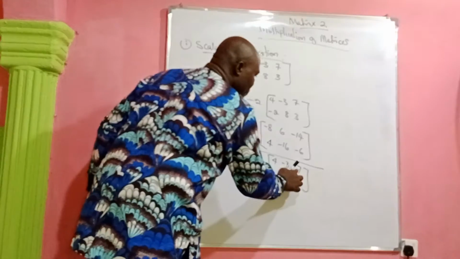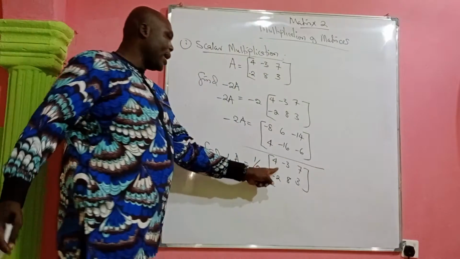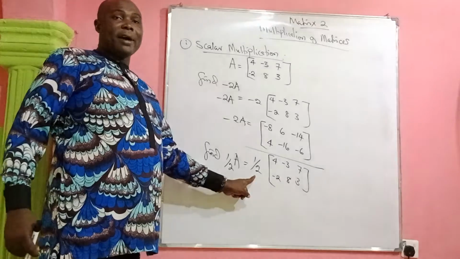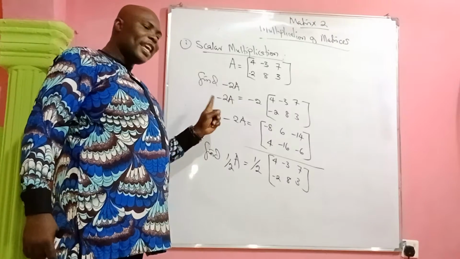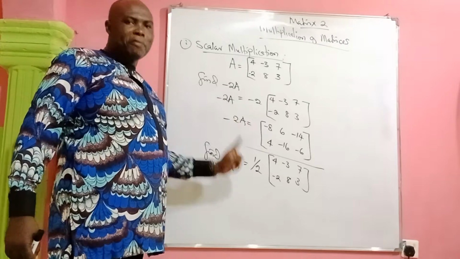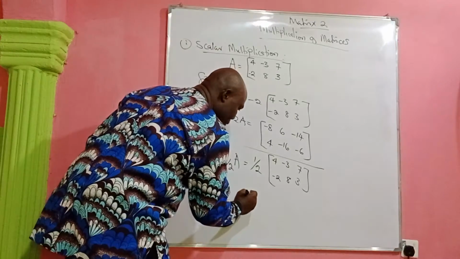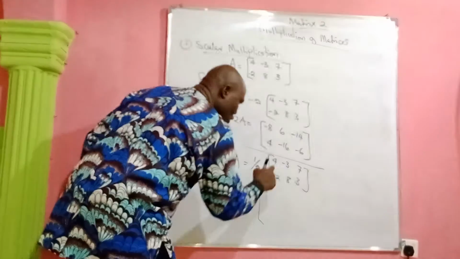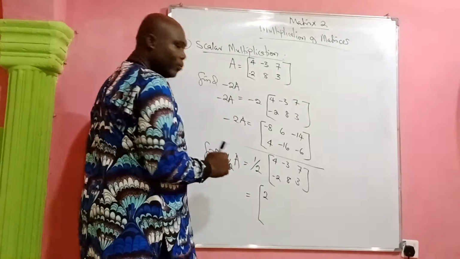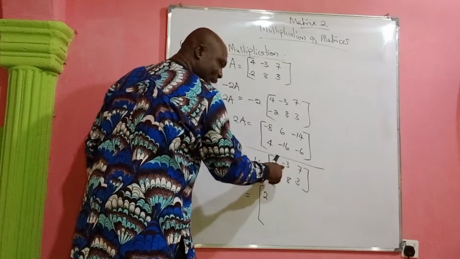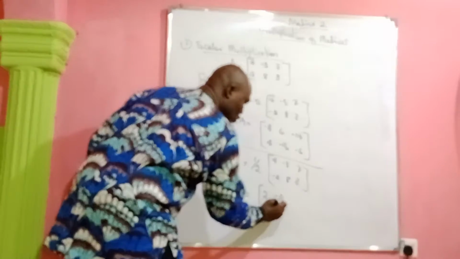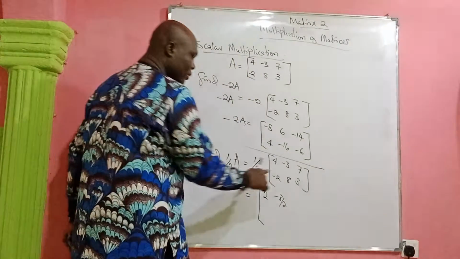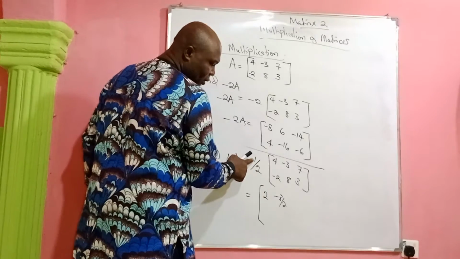So we have to multiply matrix A by the scalar, which is half. The scalar can be a negative, a positive number or fraction. Now let's multiply. So we're going to have half of 4 will give us 2, half of negative 3, that will be negative 3 over 2.